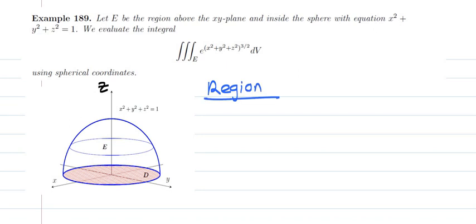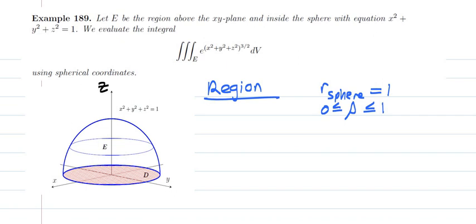The radius of the sphere is equal to 1. So if you pick any point in region E and you work out the rho value, the rho value has got to be between 0 and 1. I do not have to convince you that for any point you pick in this hemisphere, the rho value is between 0 and 1.